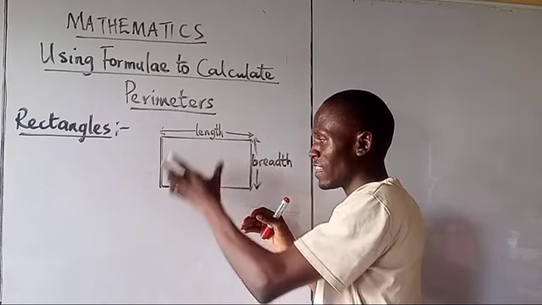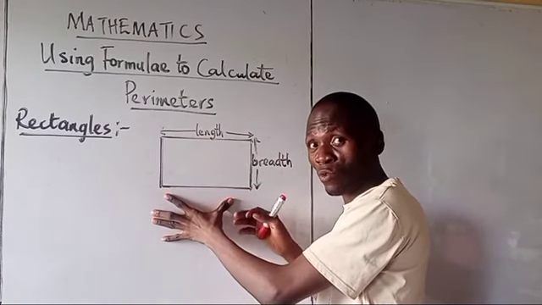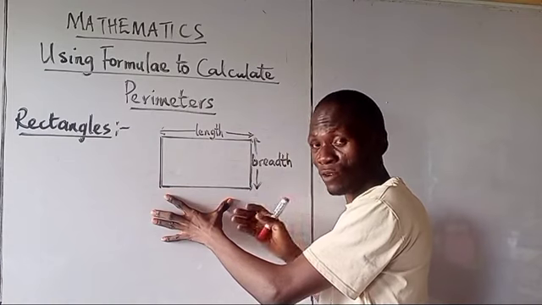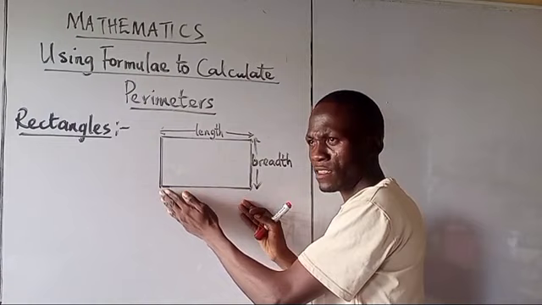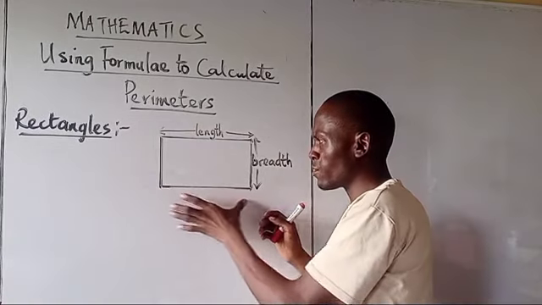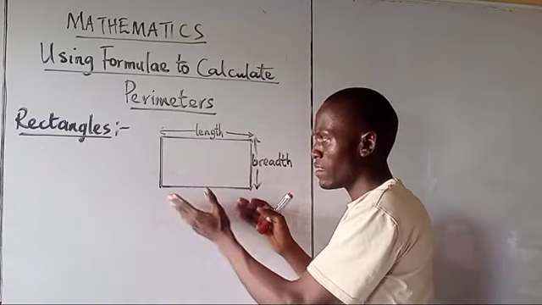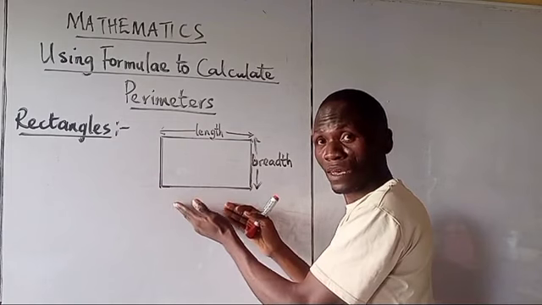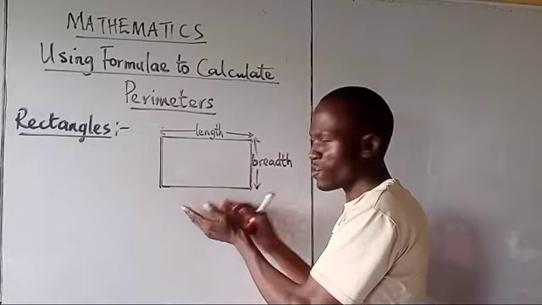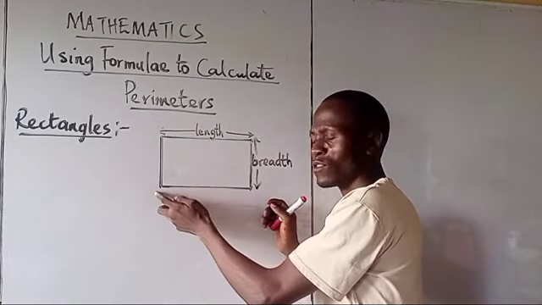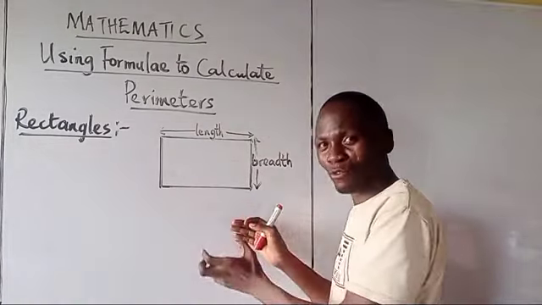So this side and this side are equal in size. That means this is also length. So we take our meter rule to measure from this vertex to this vertex, and we take note of that reading too.